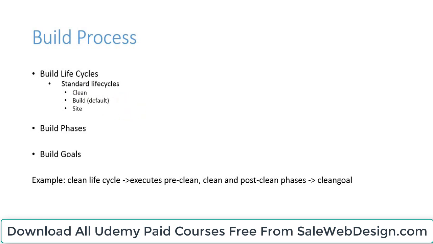An example of a build process is, as you can see here, the predefined clean lifecycle executes pre-clean, clean, and post-clean phases, which execute different goals like the clean goal.